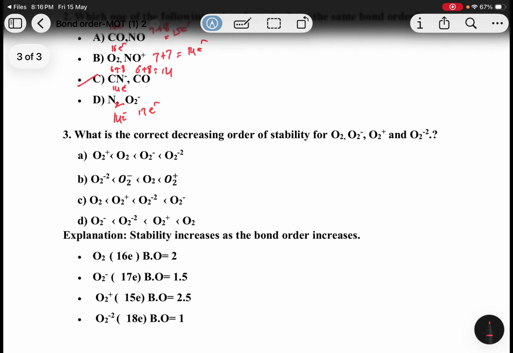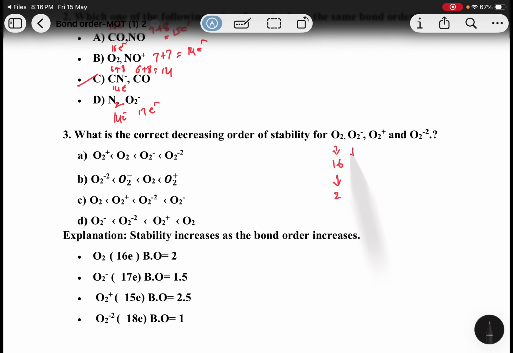What is the correct decreasing order of stability for O2, O2 minus, O2 plus, O2 2 minus? Stability means more will be the bond order, more will be the stability. Here O2 means total electrons are 16, so bond order is 2.